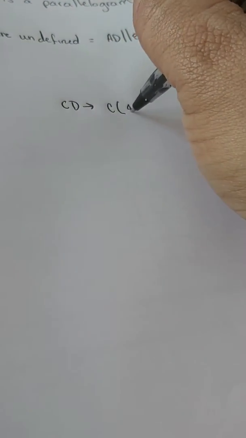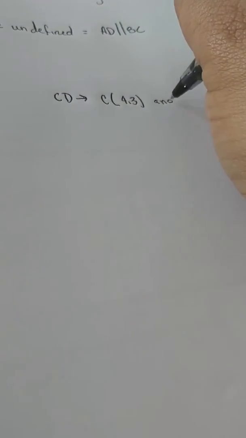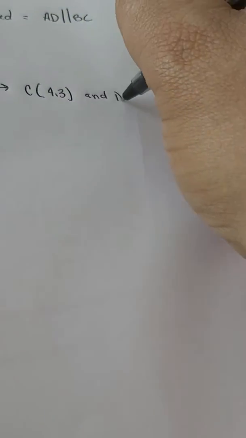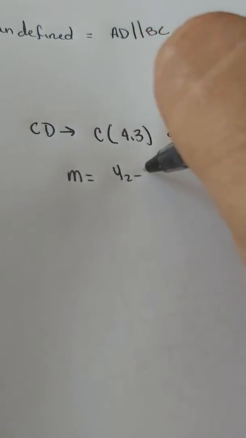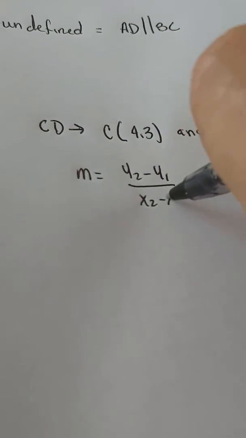C is located at (4, 3) and D is located at (-1, 1). Again, we use the same formula. Slope equals y2 minus y1 over x2 minus x1.